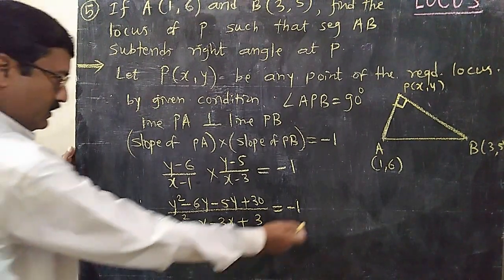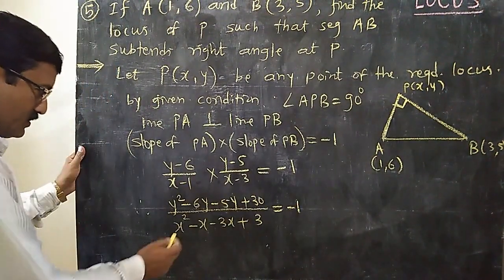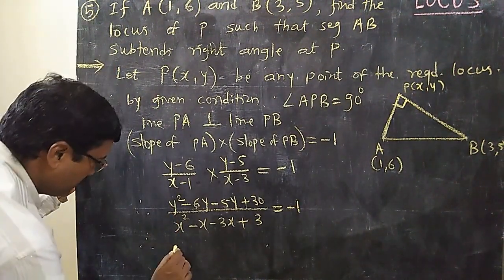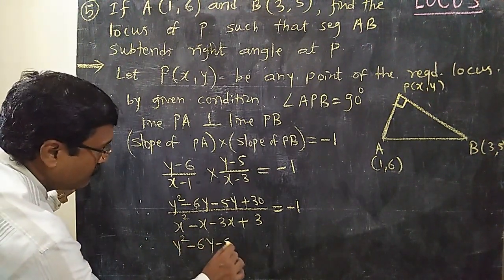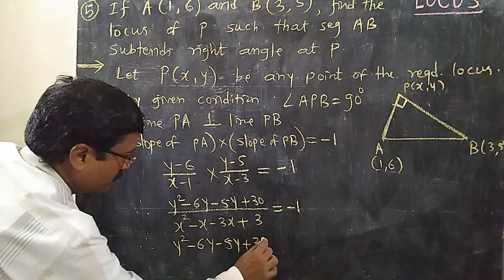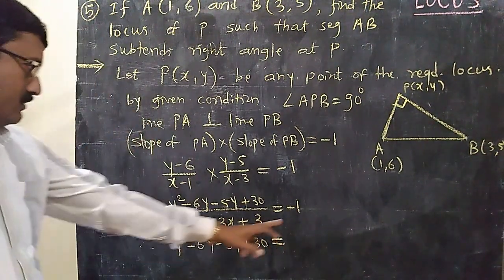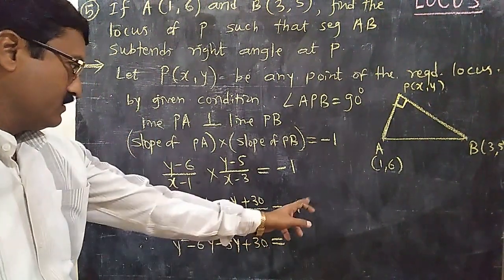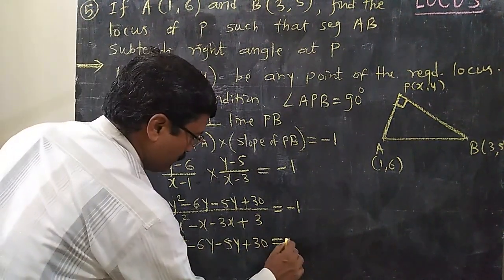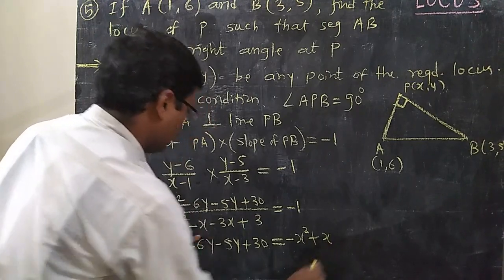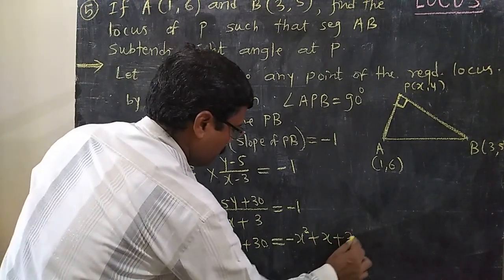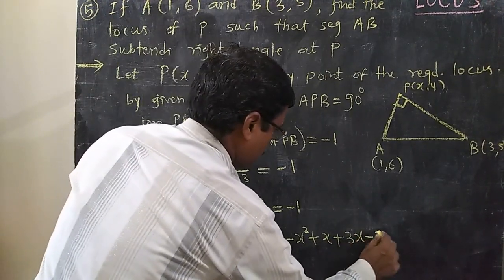So taking this to the right, it becomes each term negative. So we get here y square minus 6y minus 5y plus 30 equal to, multiplying each term by -1, we get minus x square plus x plus 3x minus 3.